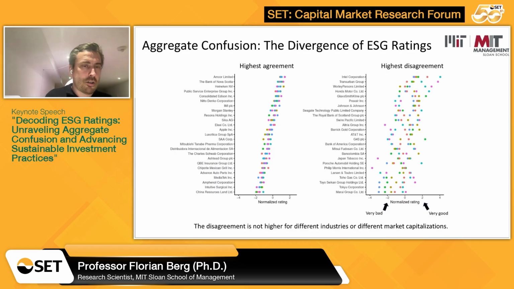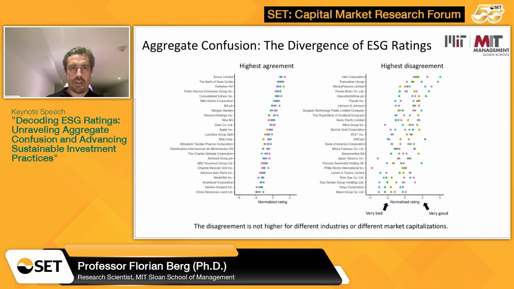Some ESG raters look at 35 topics, others up to 186. And this heterogeneity between methodologies also translates into different outcomes. So you have a lot of divergence or disagreement between those raters.